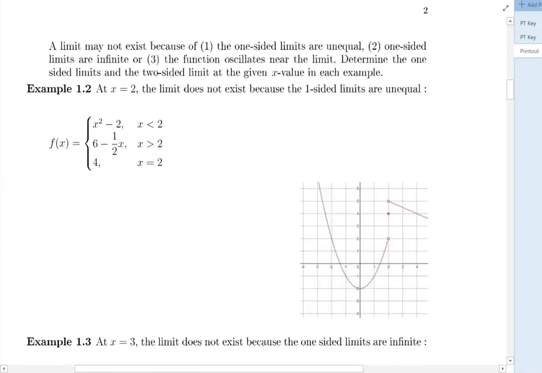A limit doesn't exist for a ton of different reasons, but in AP Calculus, there are really 3 that they want you to be aware of. The 3 reasons that a limit doesn't exist are: the one-sided limits are unequal, which is the one you're probably most familiar with; the one-sided limits are infinite, which we just brought up; and the function oscillates near the limit.